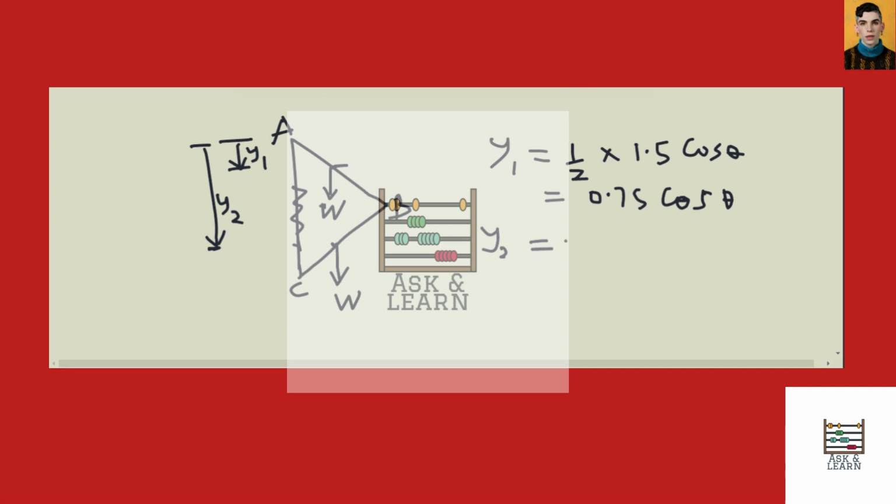It's going to give us what we have here, 0.75 cos theta, as you can see from the diagram, plus, from this point up here, from the center of gravity of W along this BC, going up, we're going to have plus 1.5, because the length of each of the members AB and BC is 1.5 meters. We have that. All right, cos theta.